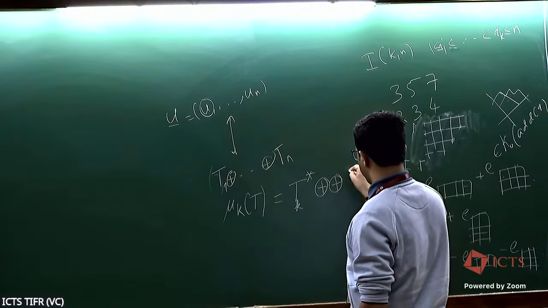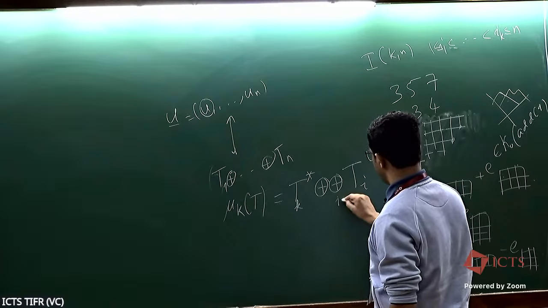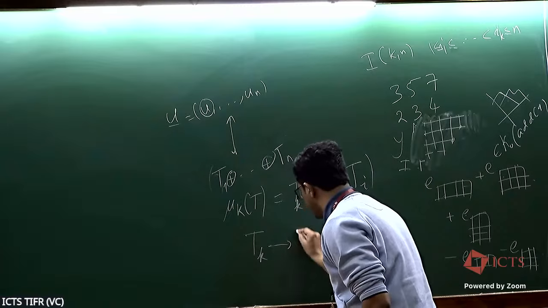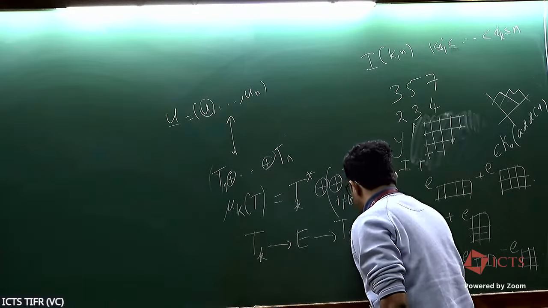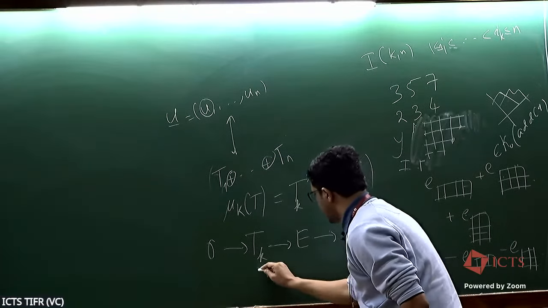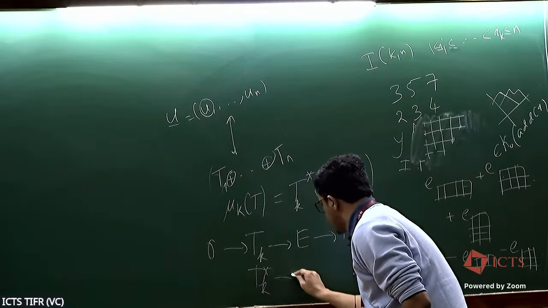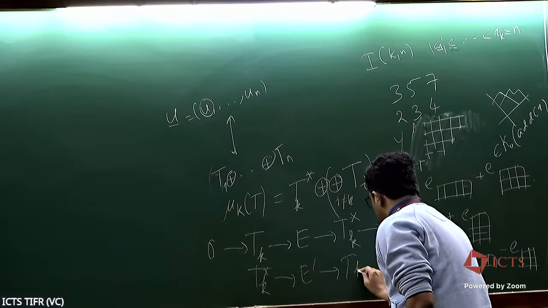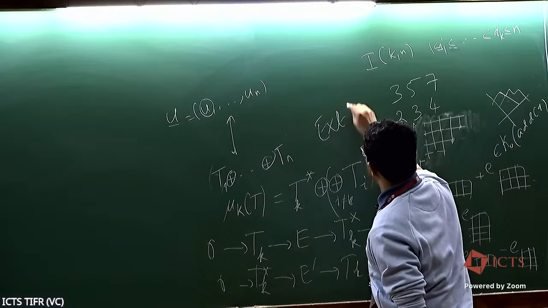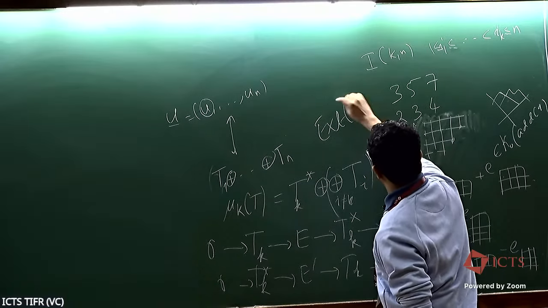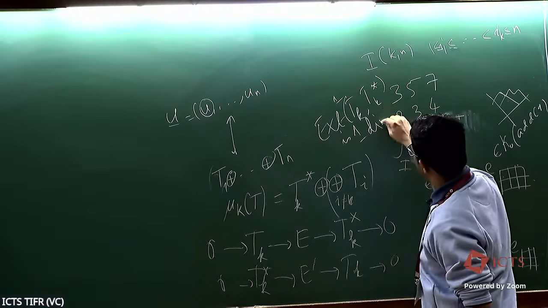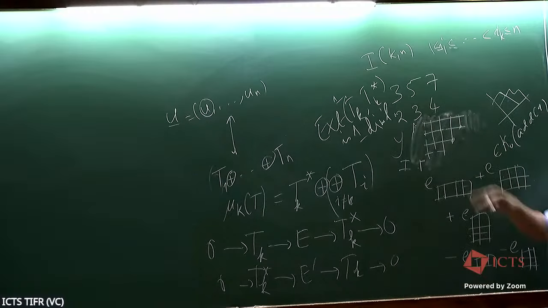This is really the correspondence which is happening. And the Ext between T_k and T_k star, if you want it in exact sequence form, is one dimensional. So this gives the correspondence.